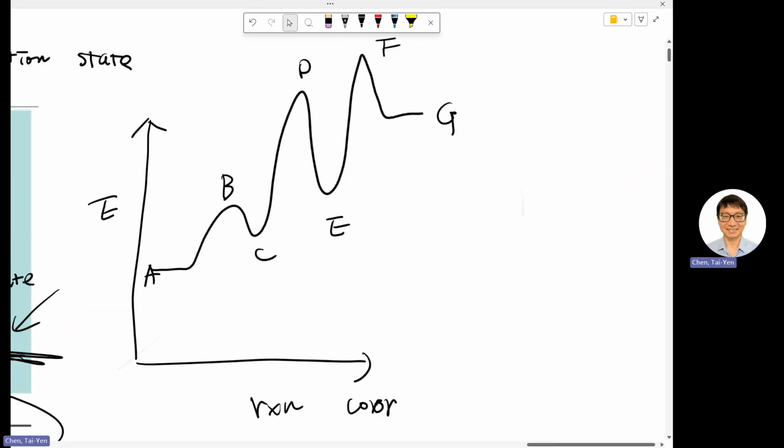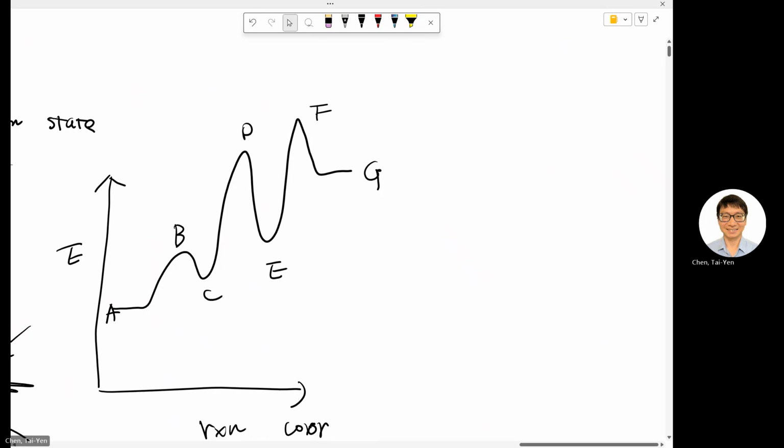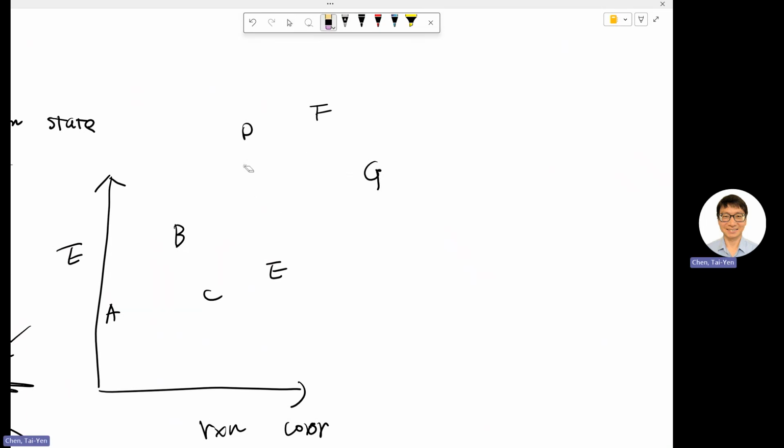If you look at this plot, A is your reactant, and overall the reaction is endothermic, right? C and E are your intermediates. And B, D, F are your transition states. Which one is your rate limiting step? E to F, right? Because this is the one. I guess this is not a very good drawing.